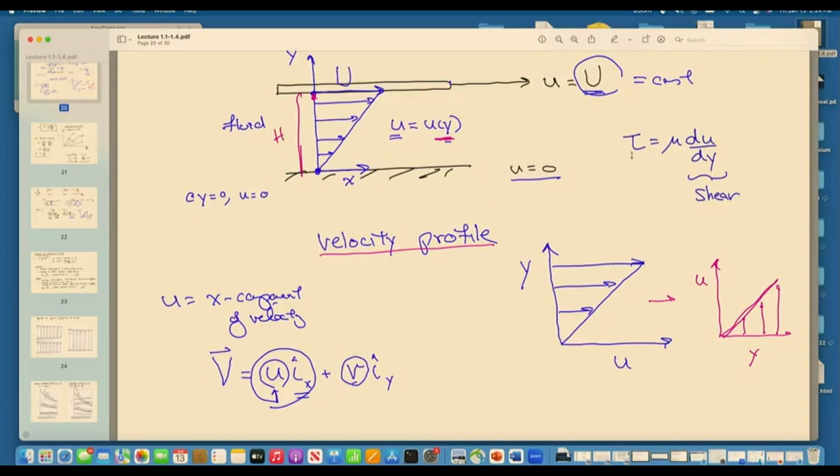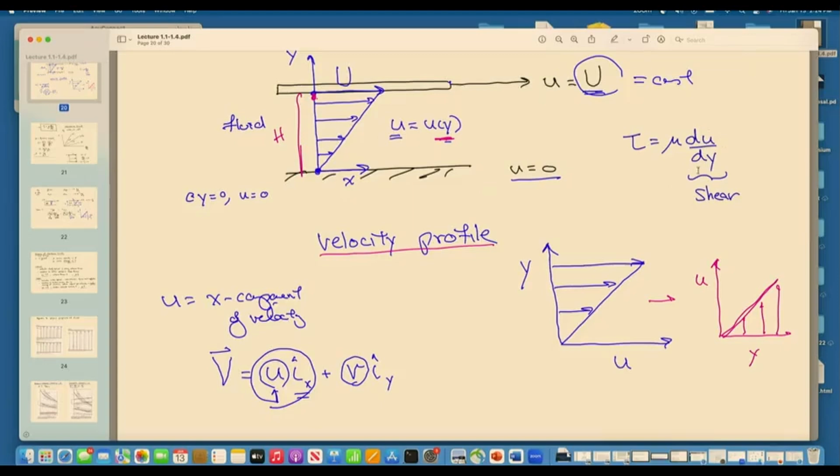Now, the shear stress at any location y can be determined by this expression, mu du dy, given by the shear, du dy. We could mathematically and easily evaluate du dy from our linear relation, big U over H times y. So the shear stress for this problem would be mu times big U over H, right?